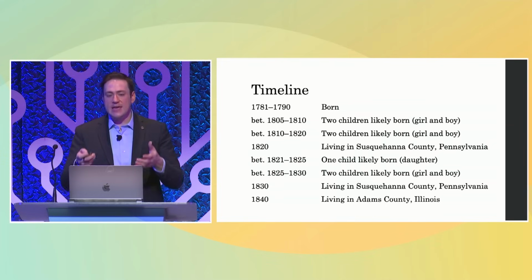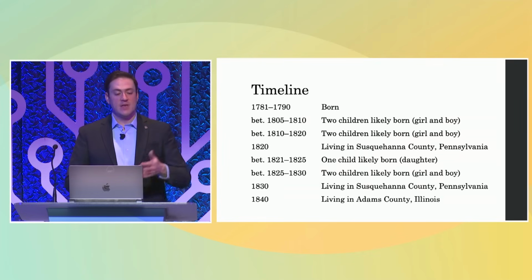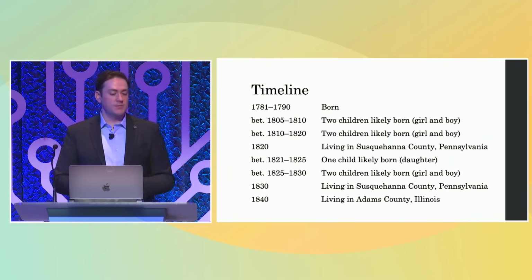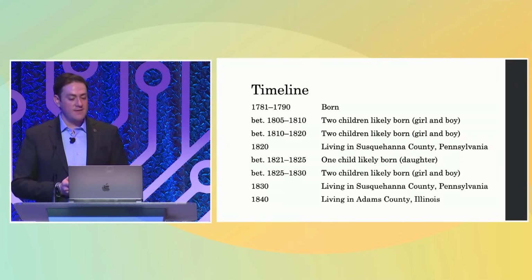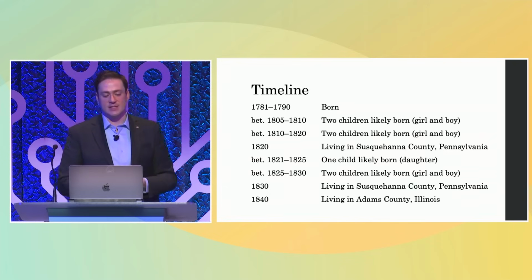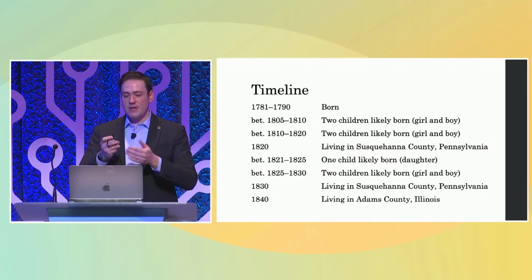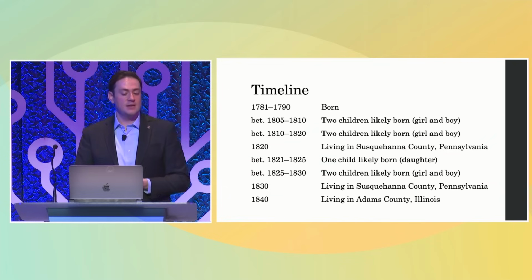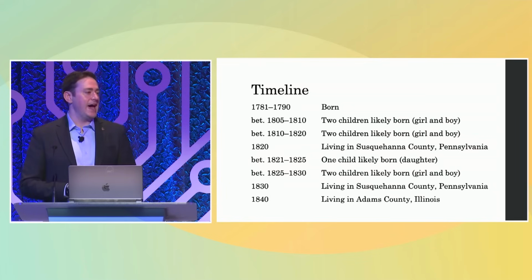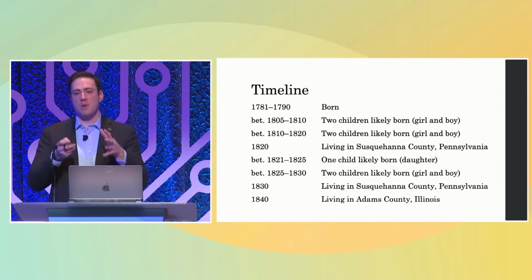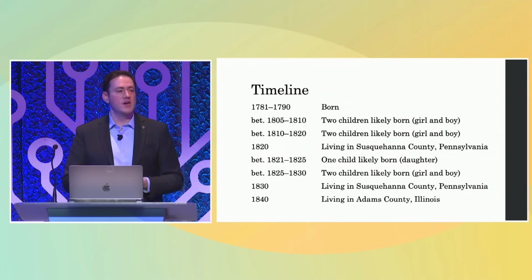By 1820, he's in Susquehanna County, Pennsylvania. He had a daughter, likely born between 1821 and 1825, and likely a girl and a boy born sometime between 1825 and 1830. In 1830, he's living in Susquehanna County, Pennsylvania, and in 1840, he's living in Adams County, Illinois. There are the bare bones details of the individual I know as my quote-unquote Ezra Kingsley.